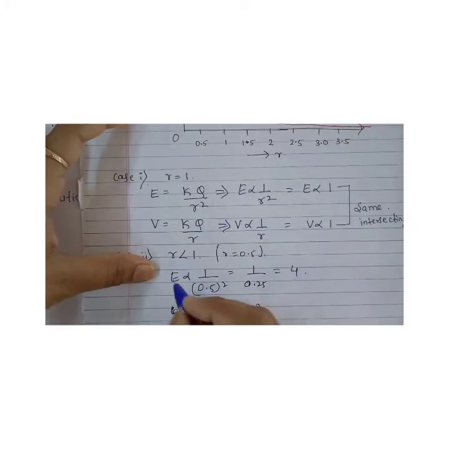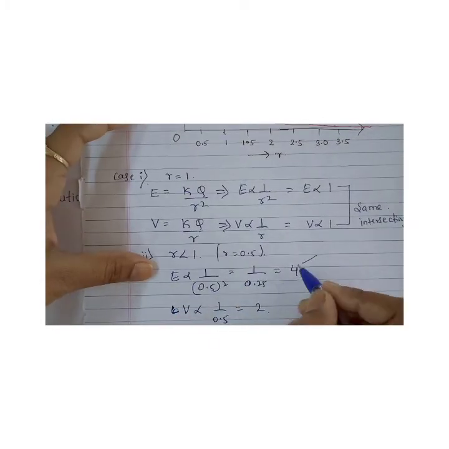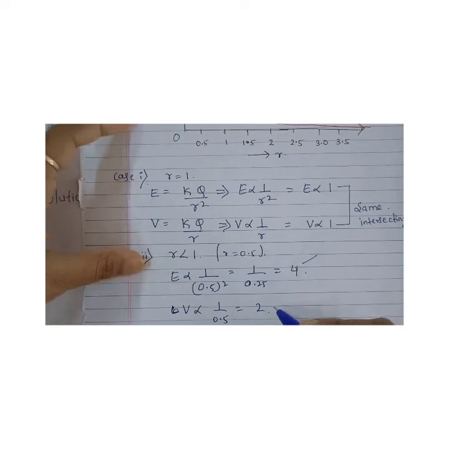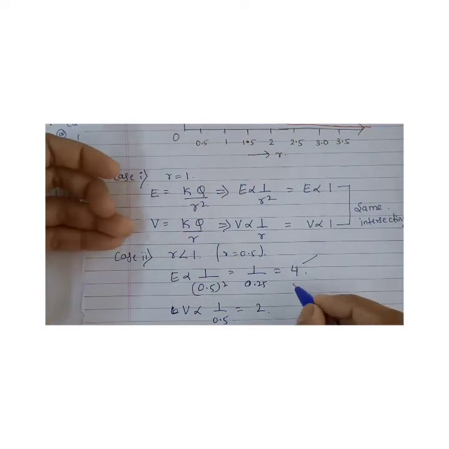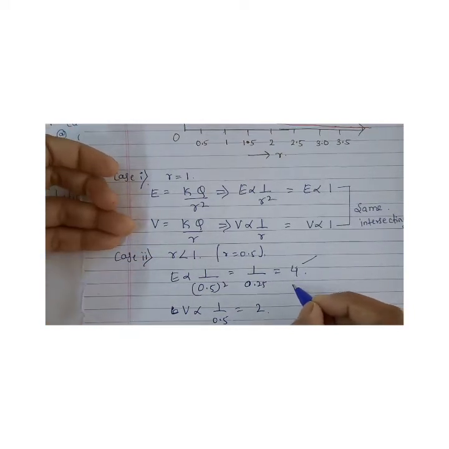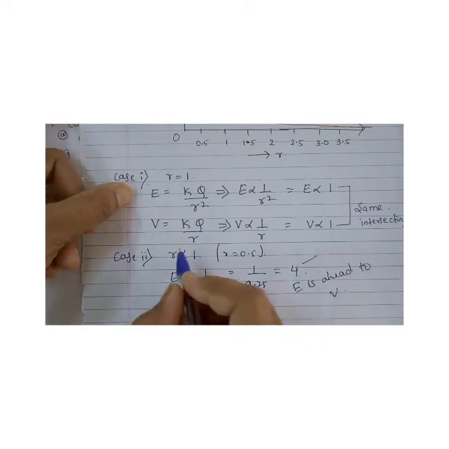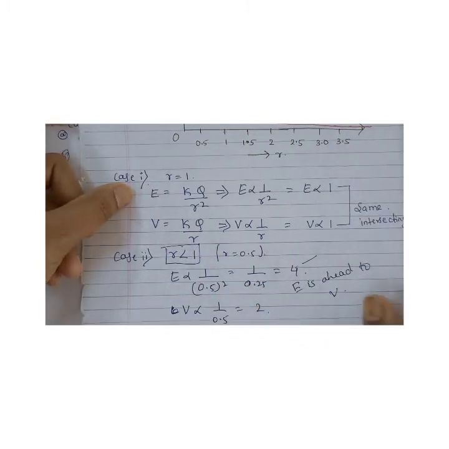See here, E is increasing rapidly, double that of V, whereas V is lagging behind. So E is ahead of V when R is smaller than 1.